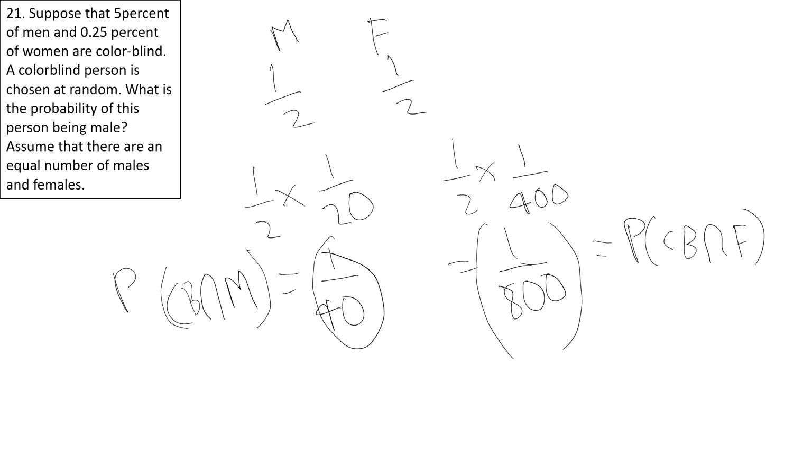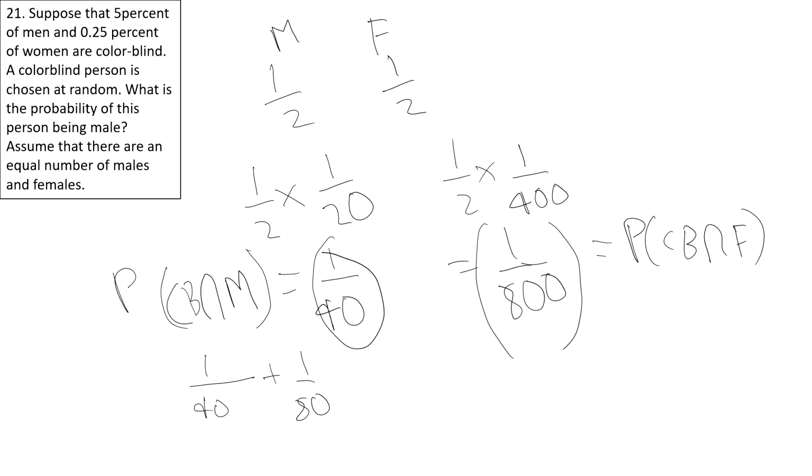Okay. Now, what is the total chance that a person in the population is colorblind? 1 by 40 plus 1 by 800. We are simply adding these because the events are mutually exclusive. A person can't be male and female at the same time.